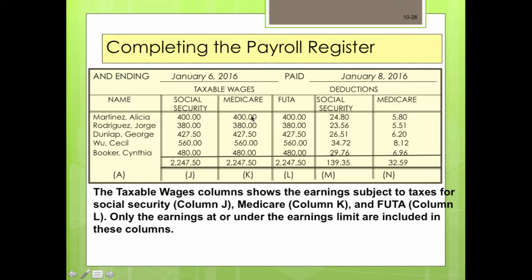Her wages subject to the FUTA tax is $400, and the amount withheld from her paycheck for Social Security is $24.80, and Medicare is $5.80. So this is the way that you would keep track of the taxable wages and deductions based on the earnings for January.